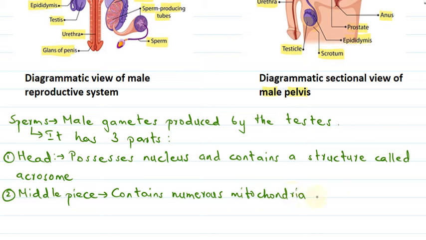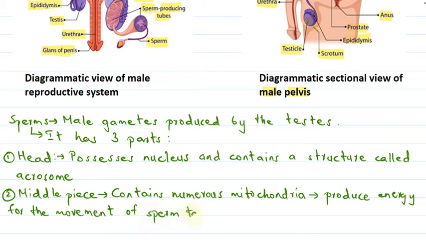As it contains numerous mitochondria, it provides energy for the movement of the sperm tail.